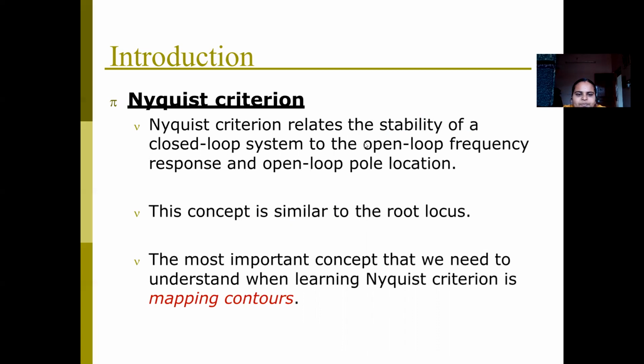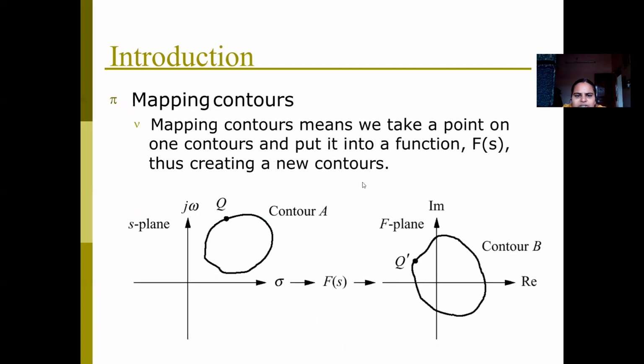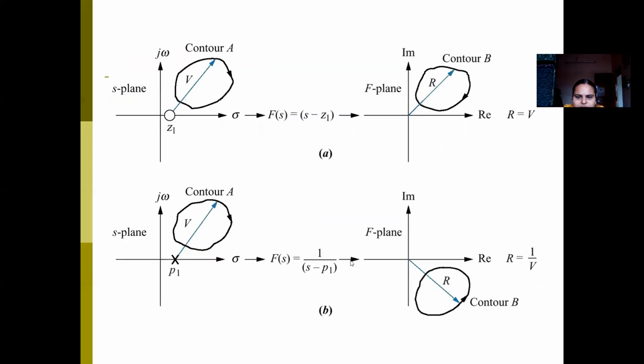Then the Nyquist criterion is mapping a contour, showing where it is located, in which quadrant, and in which way it is represented. Those give the information in the S plane and also in the F plane. It depends on where the pole is located, and different contours are used where it changes.